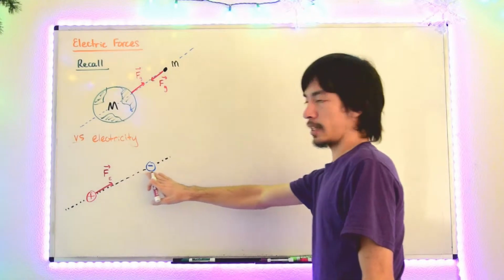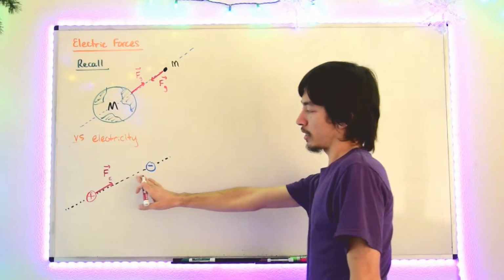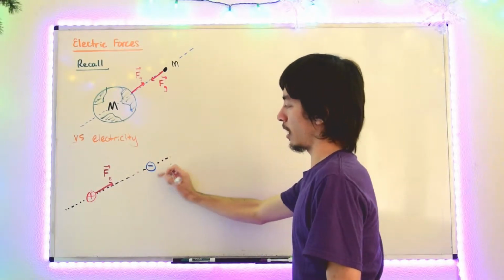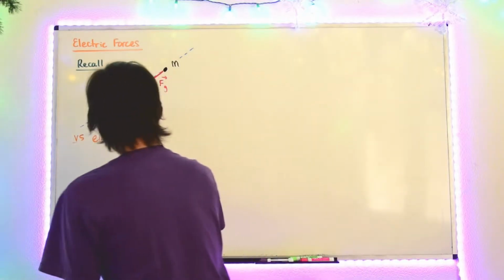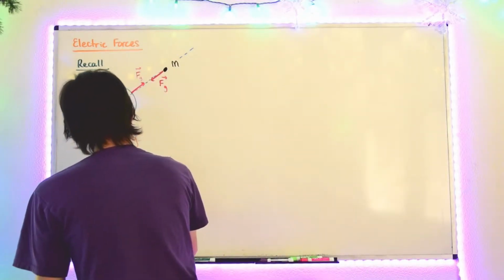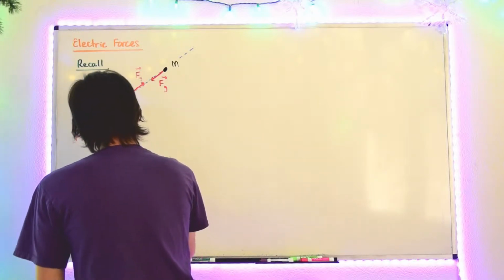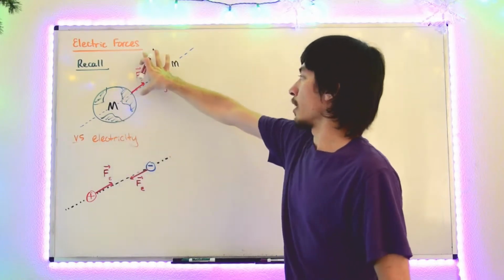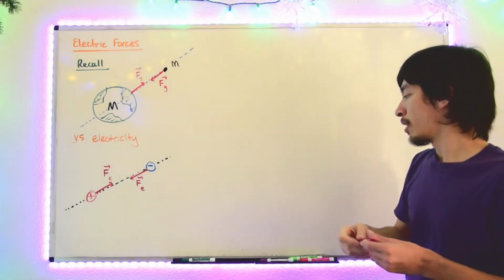And the negative charge will feel the exact same force in the opposite direction, along the same line, towards the positive charge. So it attracts towards the other charge. This picture is a lot like the one for gravity.